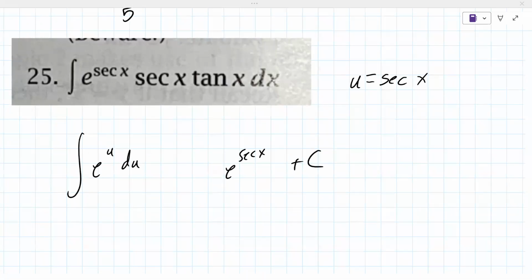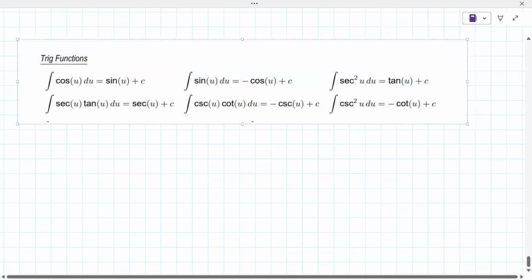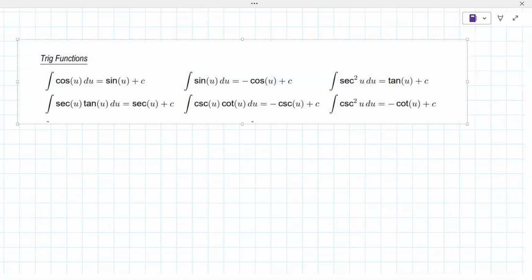Okay, so on that wonderful reference sheet that I sent you, there are all these trig function integrals. We've actually looked at some of them today. It's very common as a new student to get a problem like the one we're about to get and not recognize that it's exactly on the reference sheet.